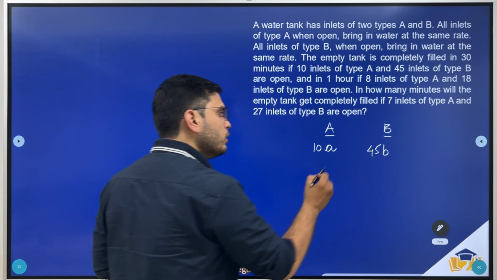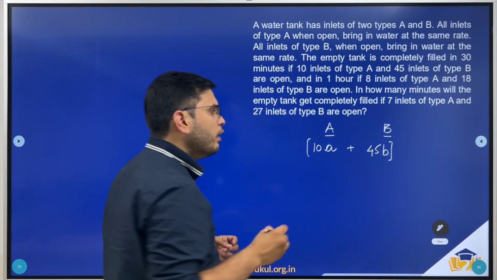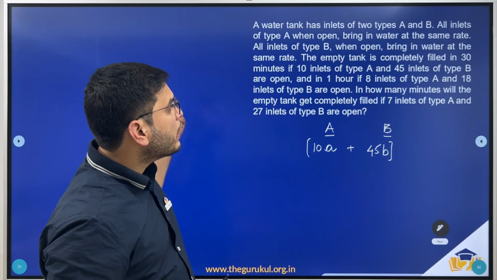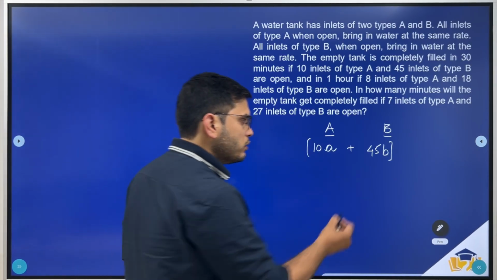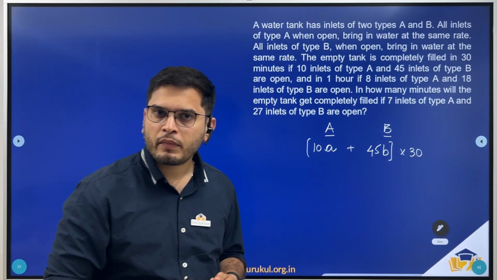Now together these all will be discharging 10A plus 45B liters of water per minute, and they will fill the empty tank completely in 30 minutes. So (10A plus 45B) into 30 is nothing but the volume of the tank.